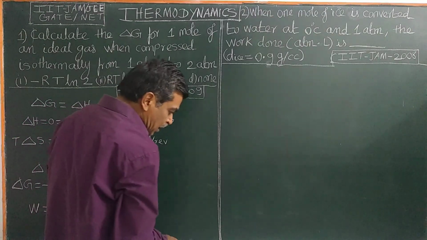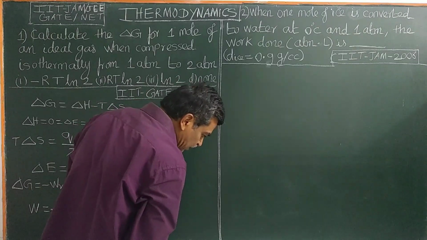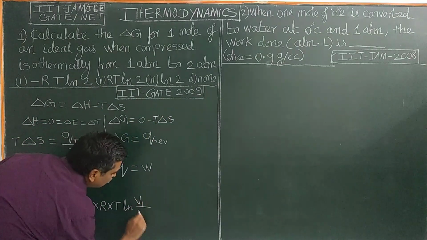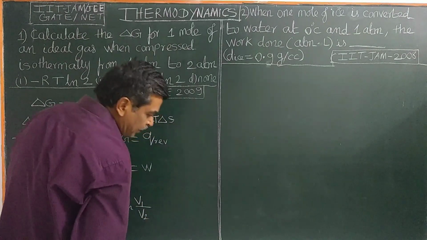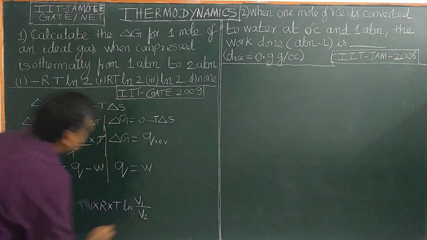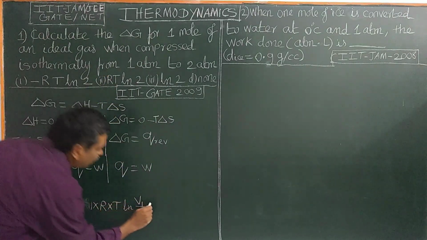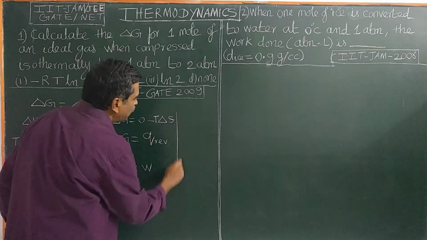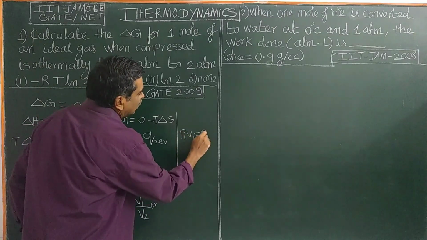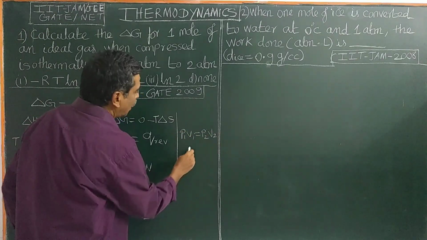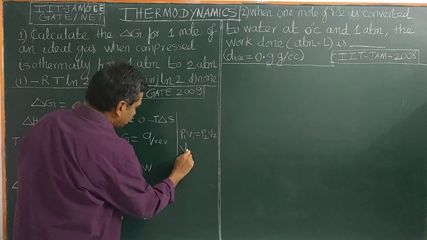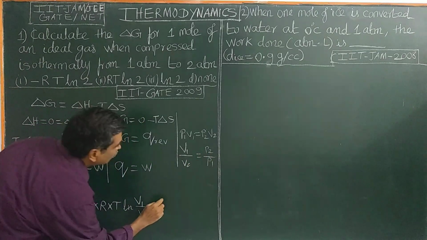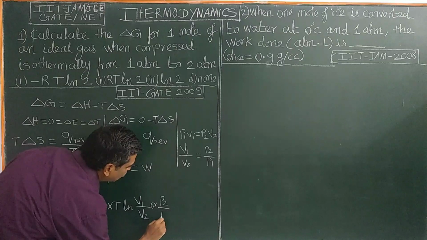In this expression for isothermal compression, this will be V1 by V2. In terms of pressure, according to Boyle's law, V1 by V2 equal to P2 by P1.